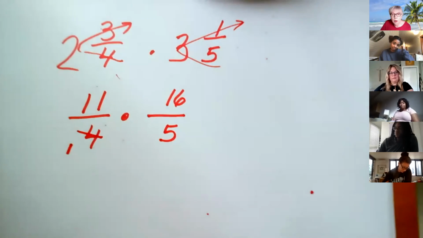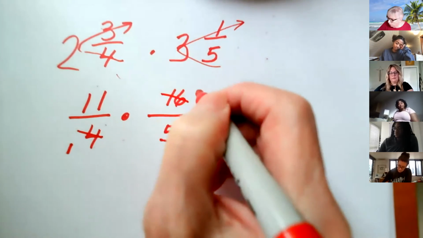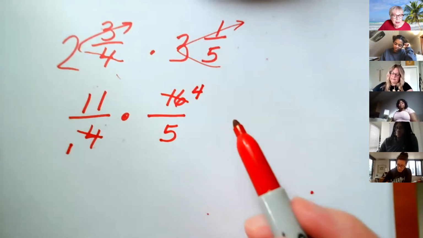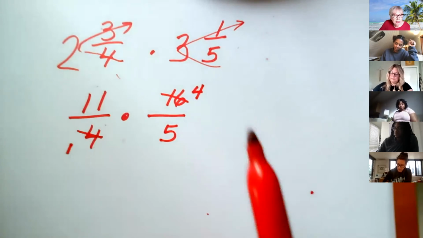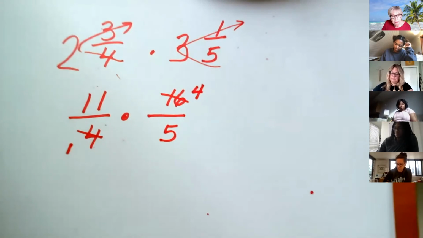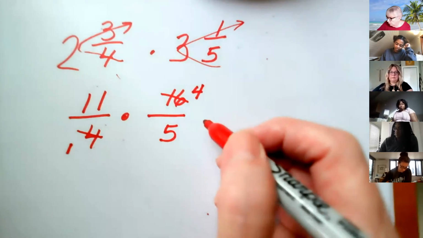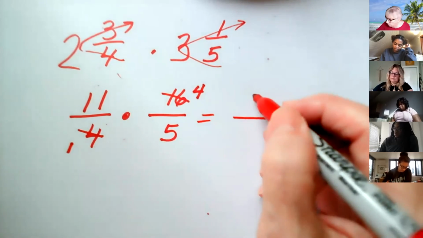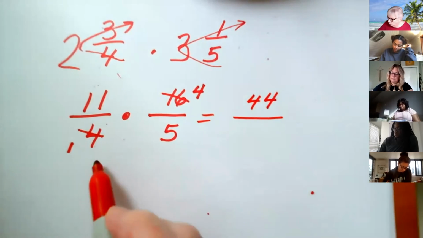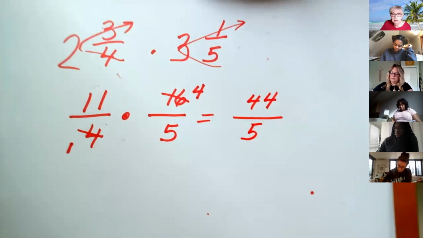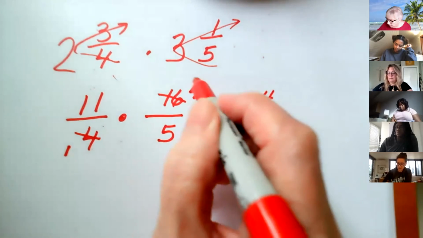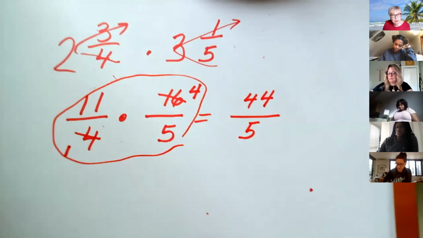4 goes into 4 once. 4 goes into 16 4 times. At this point, I've got nothing that looks like it's going to be common. And so I'm going to just multiply across. 11 times 4, 44. 1 times 5 is 5. This is reduced because in this part of the problem, everything is reduced.